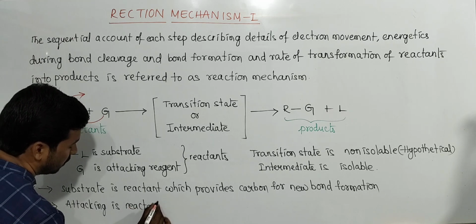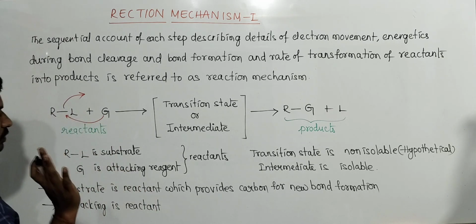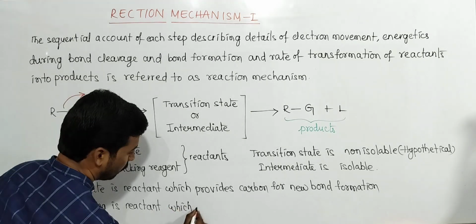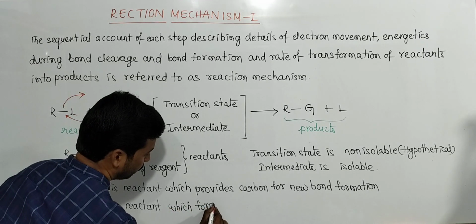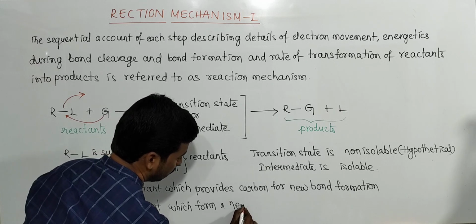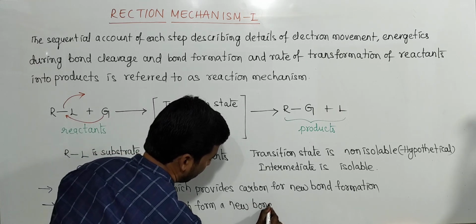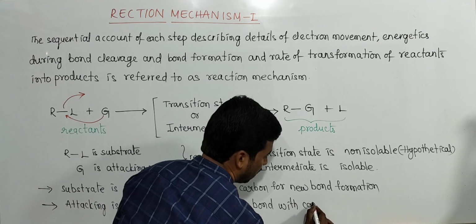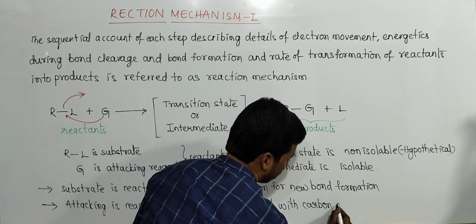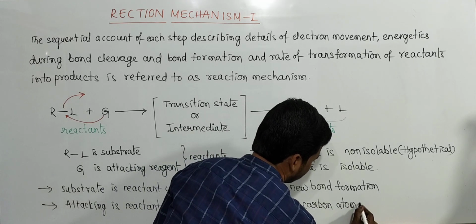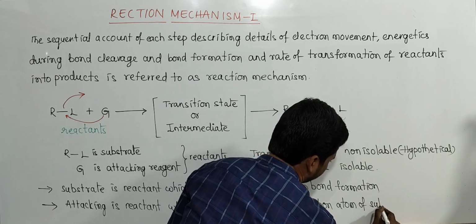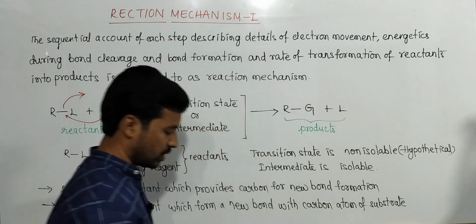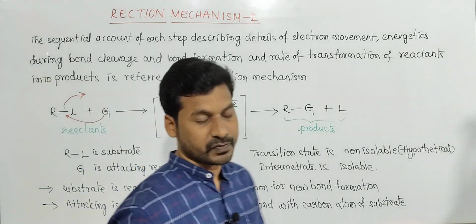Both are reactants. Substrate and attacking reagent are both reactants, and the attacking reagent forms a new bond with the carbon atom of the substrate. Thus, a chemical reaction takes place.